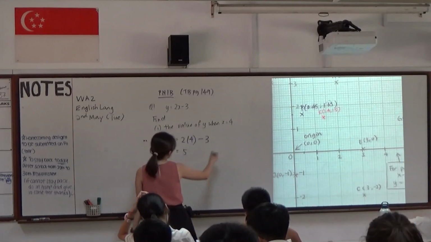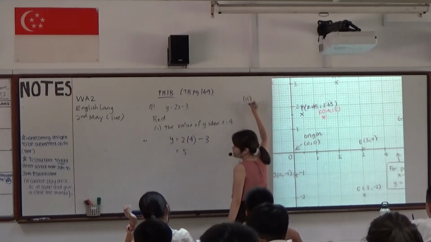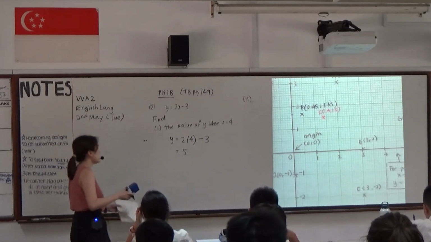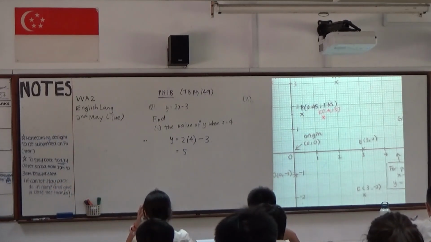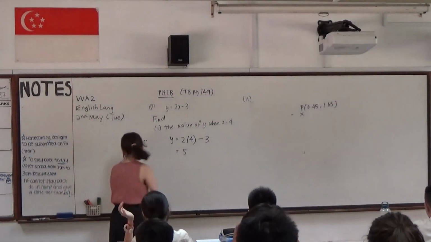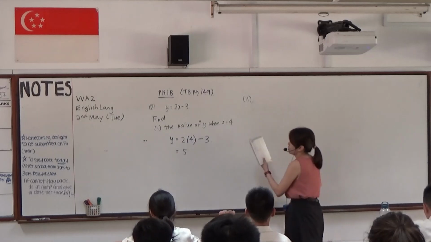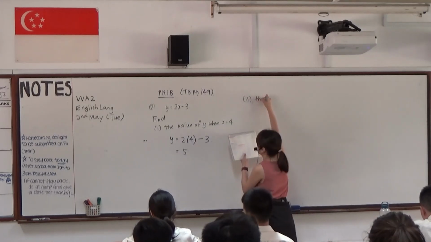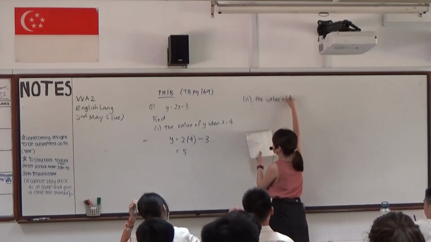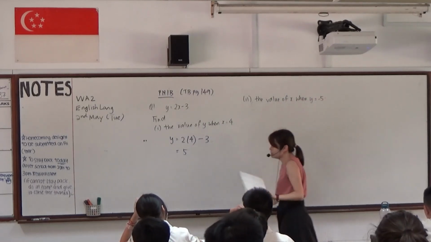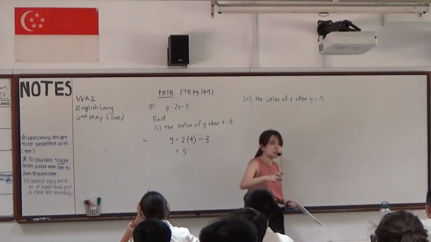Then in part 2, we want to find the value of x. Let me just blank that out first. We want to find the value of x when y was -5 instead.